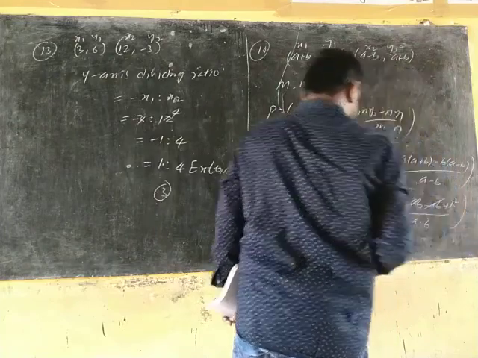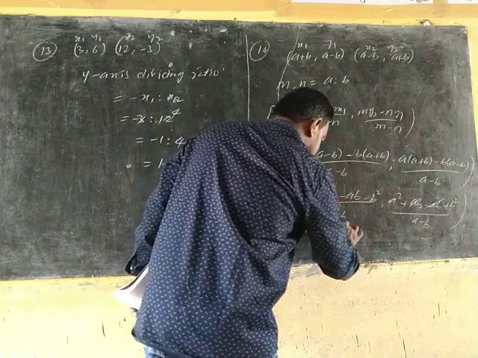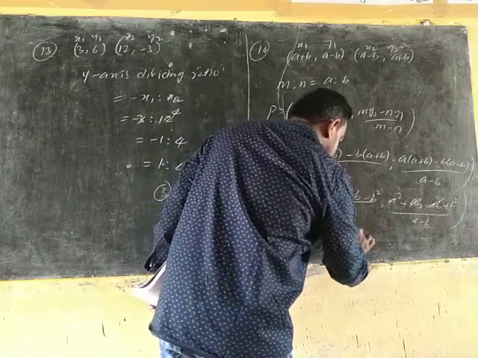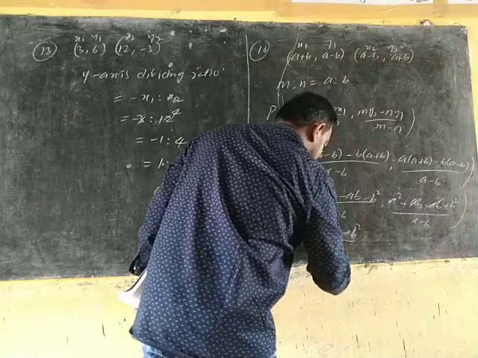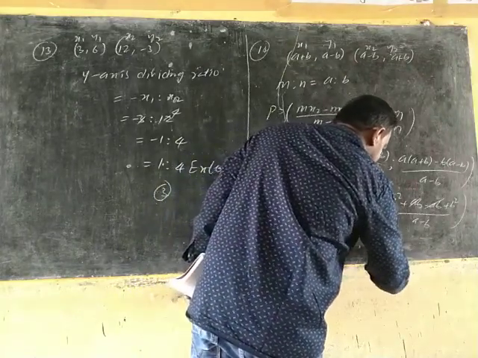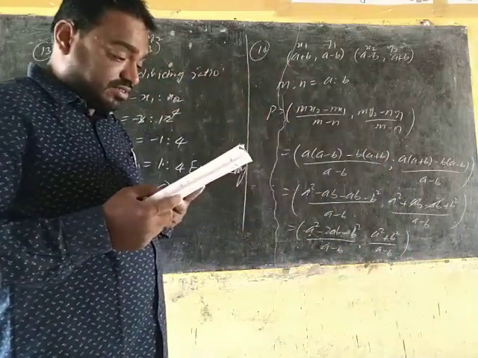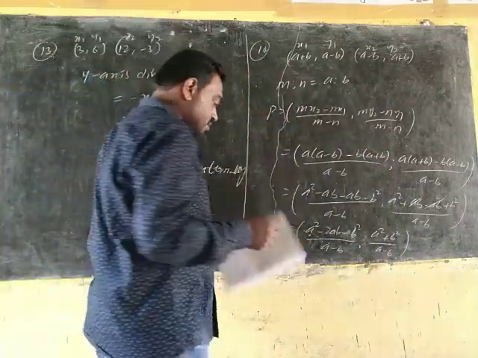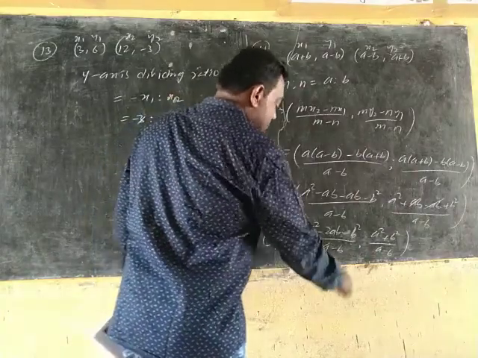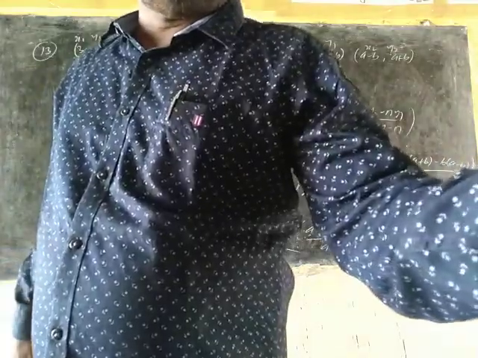A minus b gets cancelled. This is equal to a squared plus b squared by a minus b, which is the right answer for this question. Option 1 is right for this question.